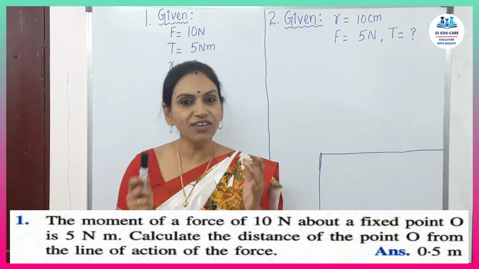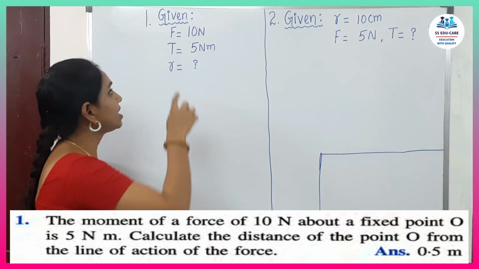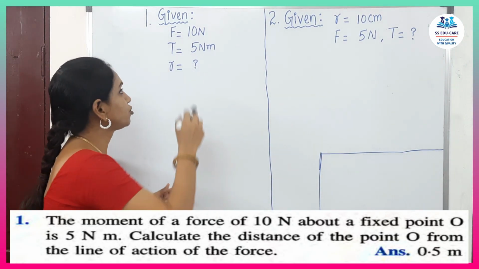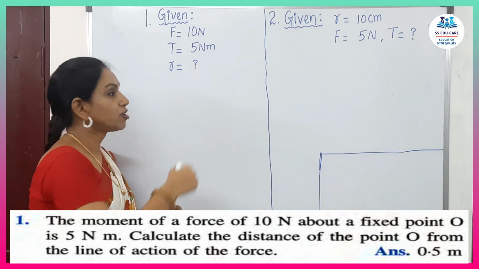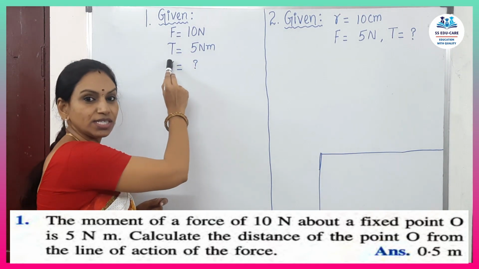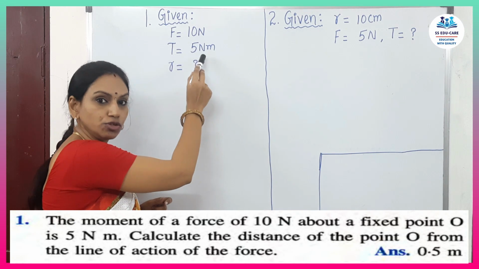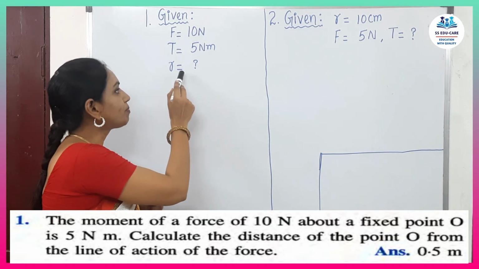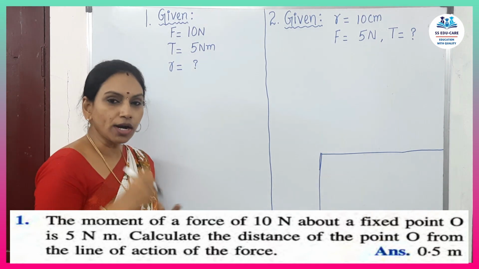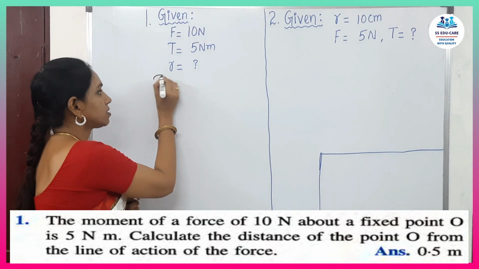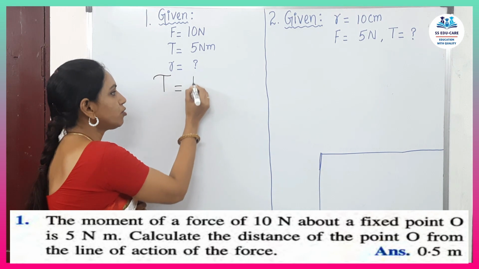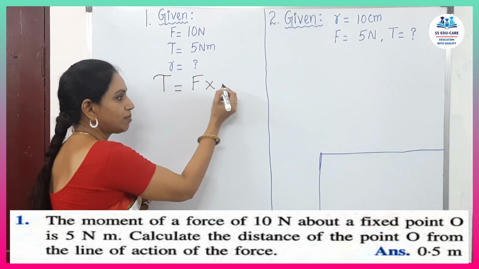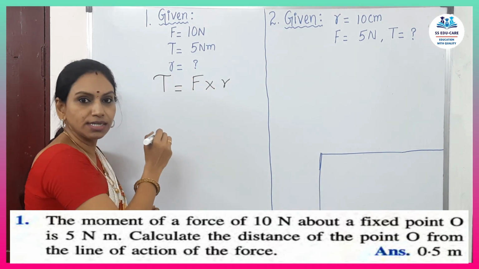Let's see what is given in the statement. Given is the force, that is your 10 Newton. Your moment of force is given in the question, that is 5 Newton meter, and they are asking us to find out the perpendicular distance. According to the formula, tau is equal to force into its perpendicular distance.